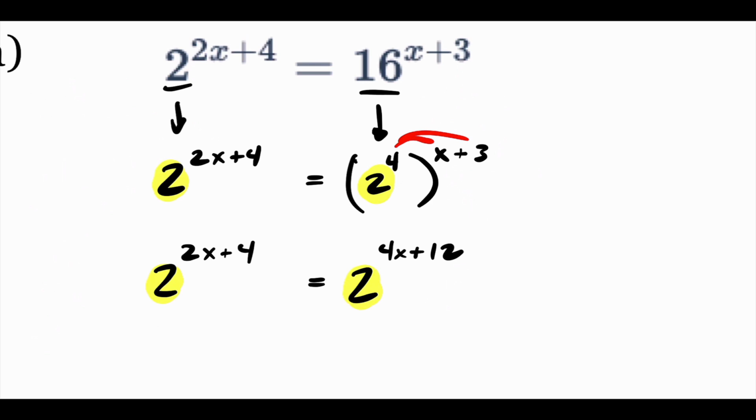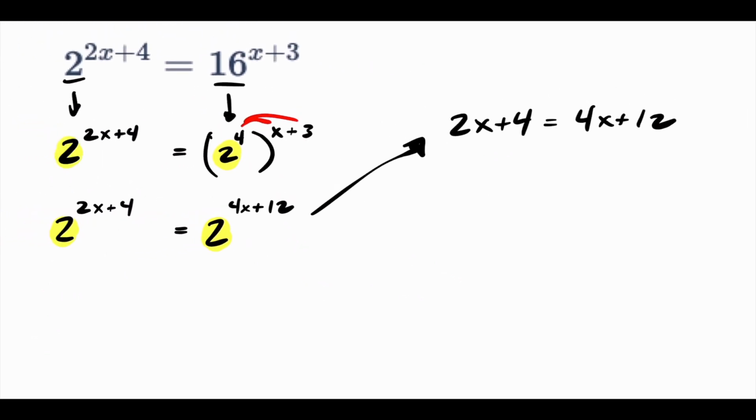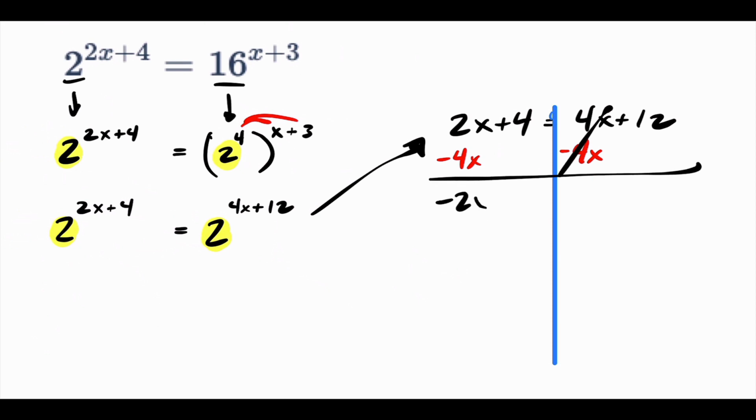Bases are the same. So by rule, if the bases are the same, the powers have to be the same as well. So let's set the powers equal to each other and solve for x. First, I get the x's together and bring everything down I haven't used.